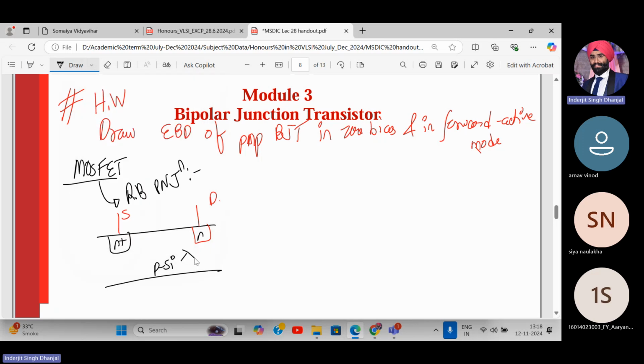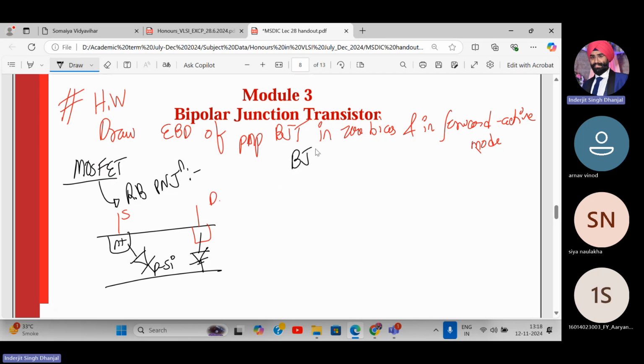So this should be negative and this should be positive. Similarly over here, this should be positive. Reverse bias, right? The orientation was slightly different. Now they are oriented differently. So this MOSFET utilizes the reverse bias PN junction in its operation.